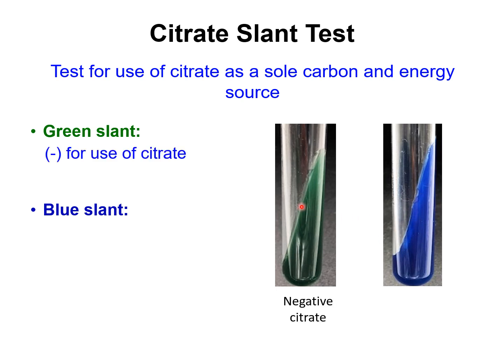So if it stays green, by the way, then that means it's negative. Your bacteria is not capable of using citrate. But if it turns into that blue color right here that you're seeing, that means that it is positive. That means that your bacteria is capable of using citrate. Okay.